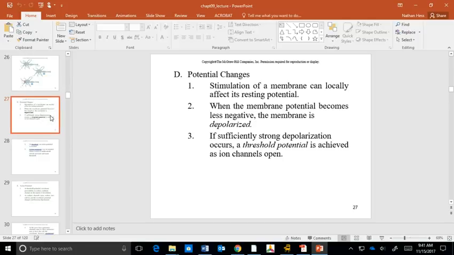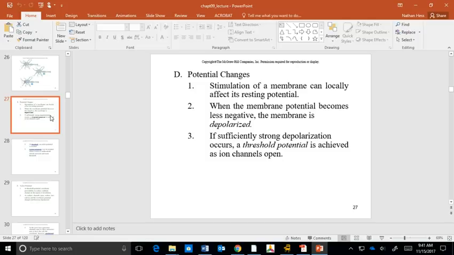So, when a neuron is stimulated, that will affect this resting potential. Are you with me? The nerve becomes less negative on the inside, so it is now depolarized. It was a polarized membrane, right? Positives here, negatives here. But now we're bringing those positives in, right?